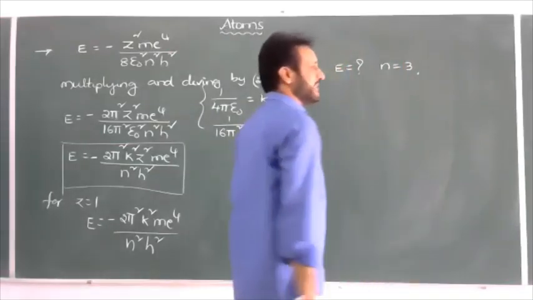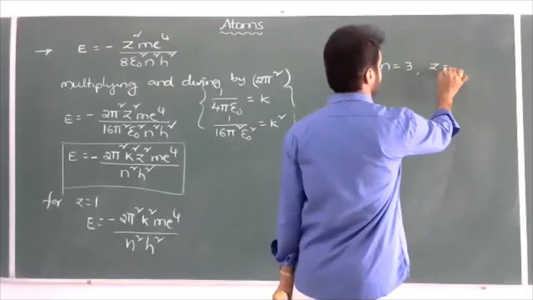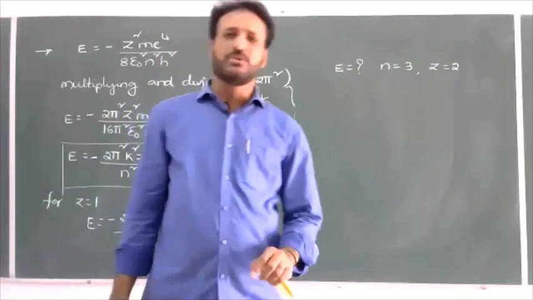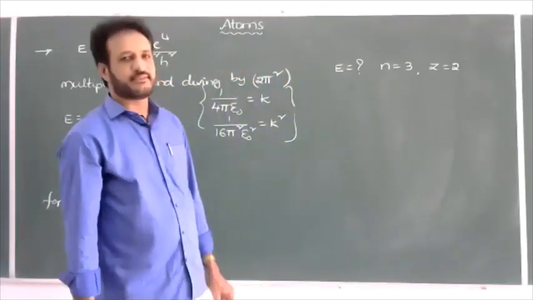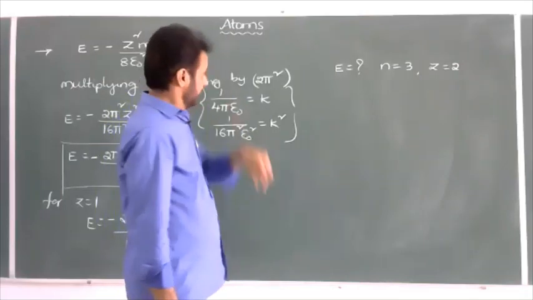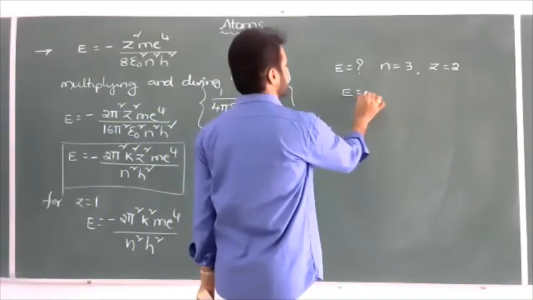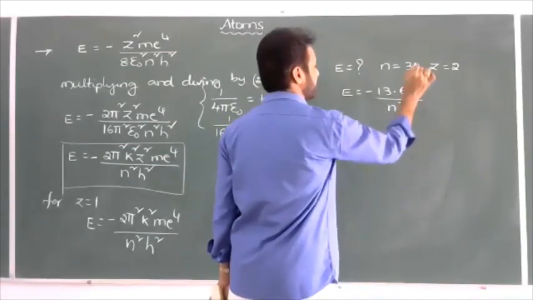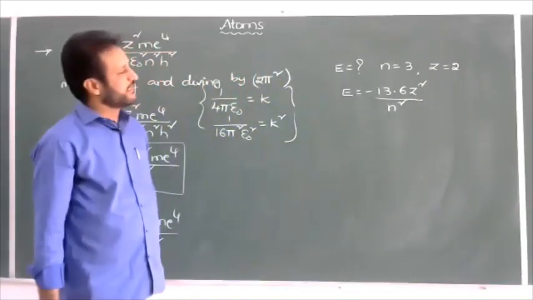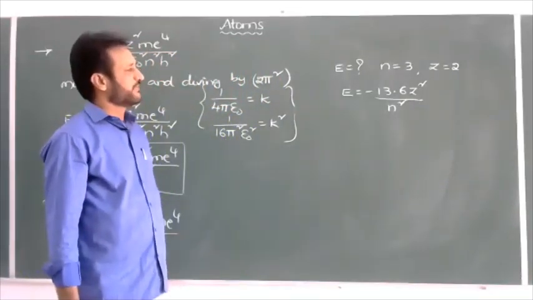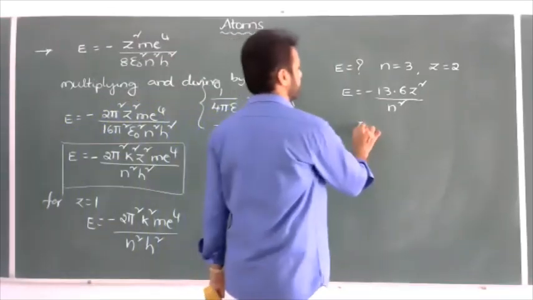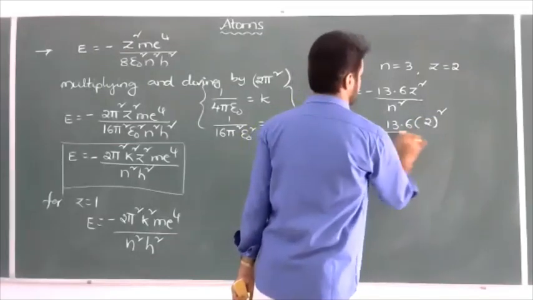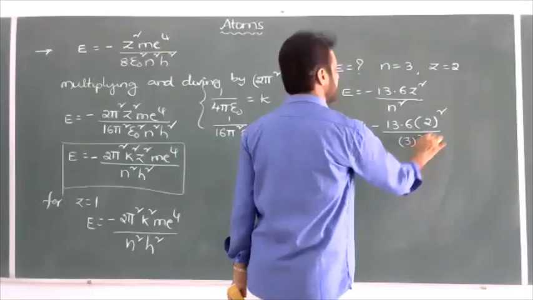And for a singly ionized helium atom, the atomic number Z is equal to 2. So take n is equal to 3 and Z is equal to 2. Calculate the total energy of the electron. So we know the formula: total energy is equal to minus 13.6 into Z square by n square. Use the formula and substitute here. Minus 13.6 into Z value 2 square by n value for the third orbit, we should write 3 square.